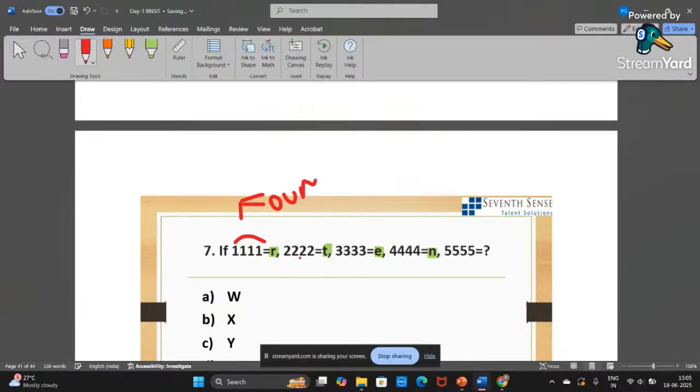2 plus 2 plus 2 plus 2, it is 8. Then 3 plus 3 plus 3 plus 3, it is 12.